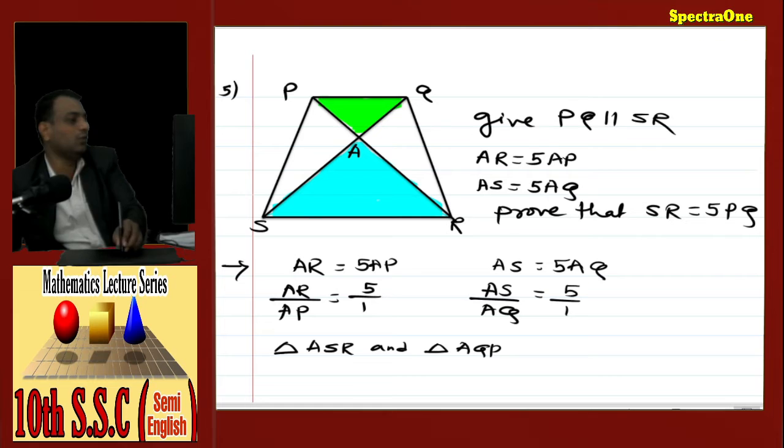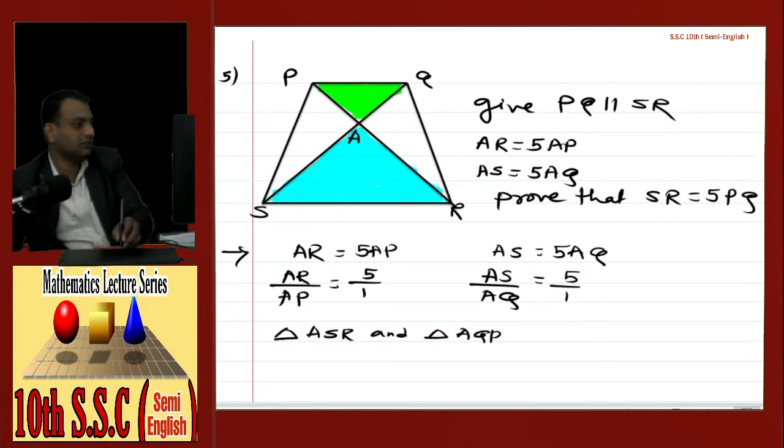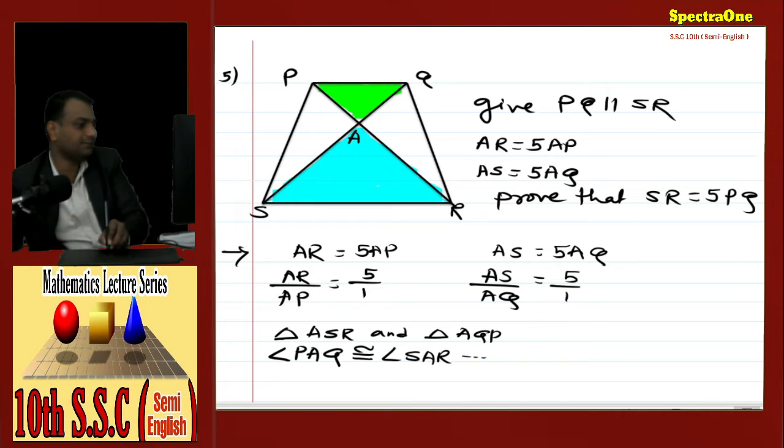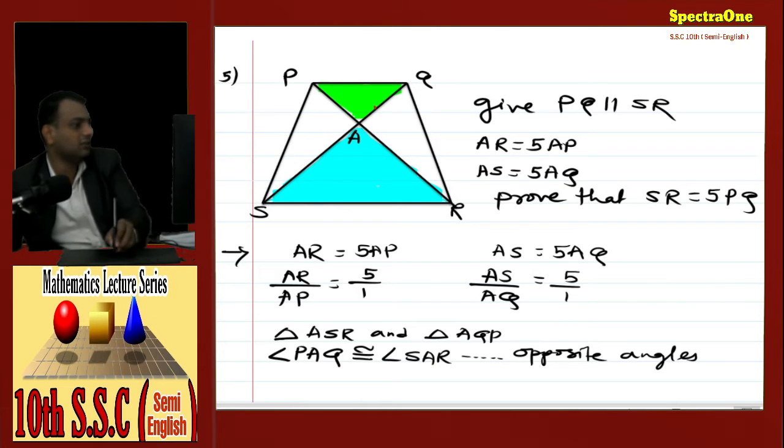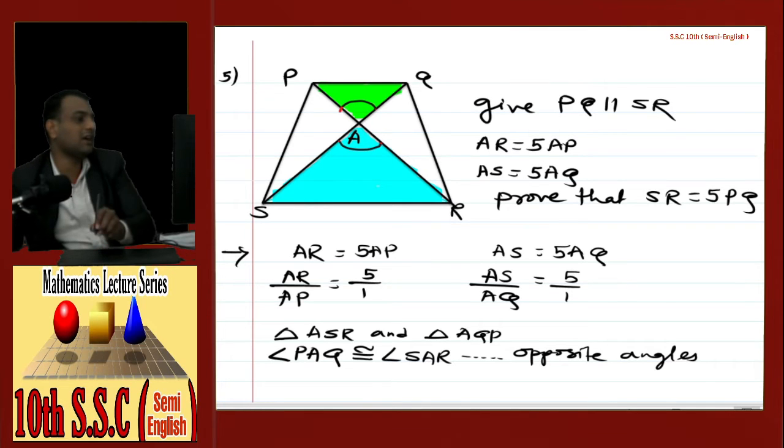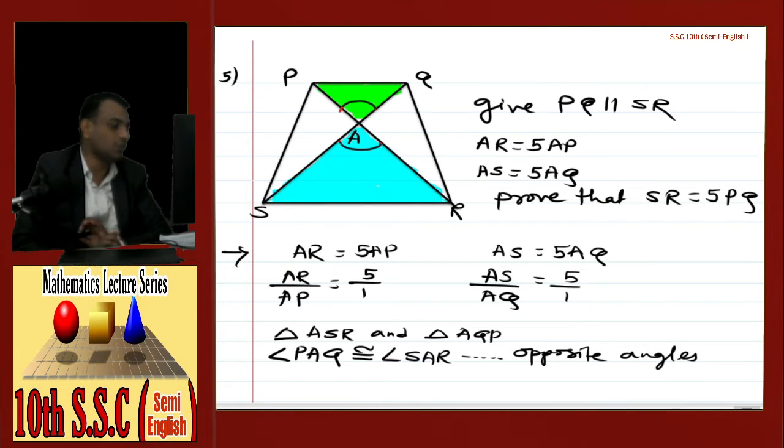In these triangles, angle PAQ is equal to angle SAR, that is, they are opposite angles. This triangle and this triangle have opposite angles. They are equal.